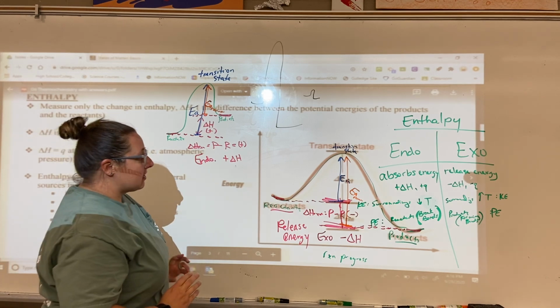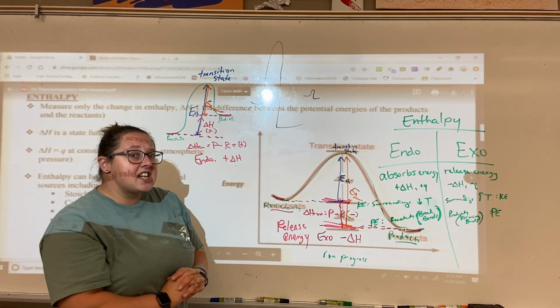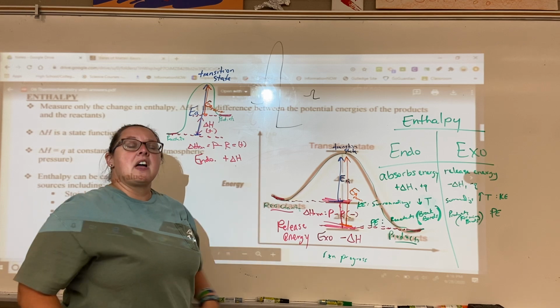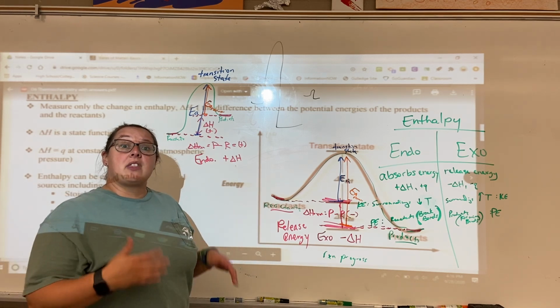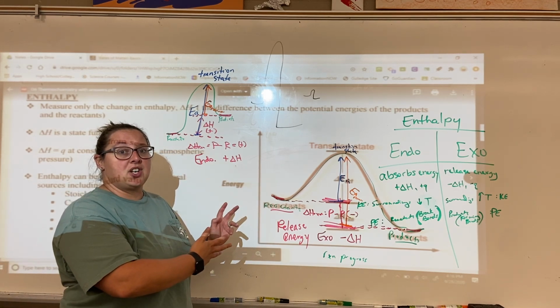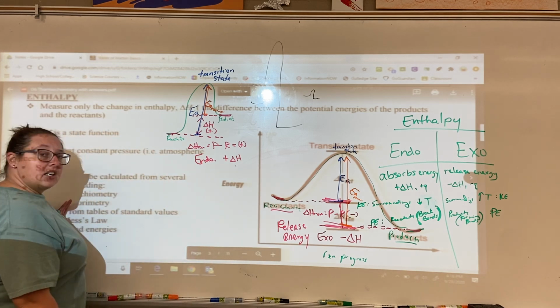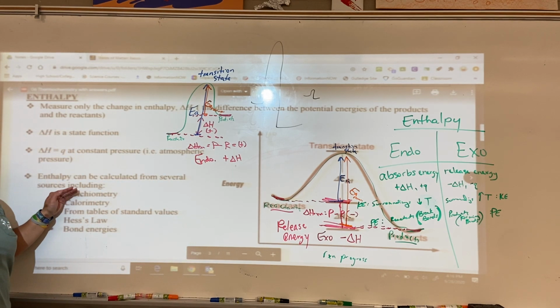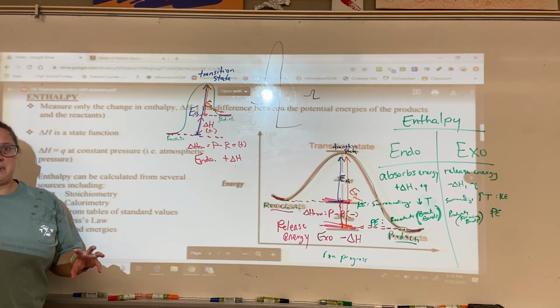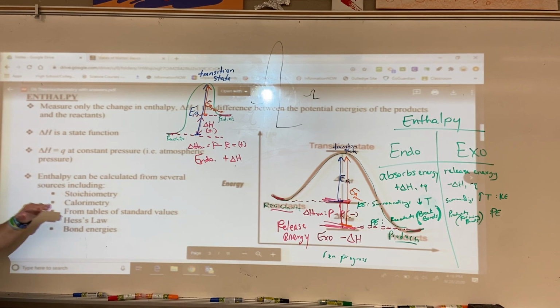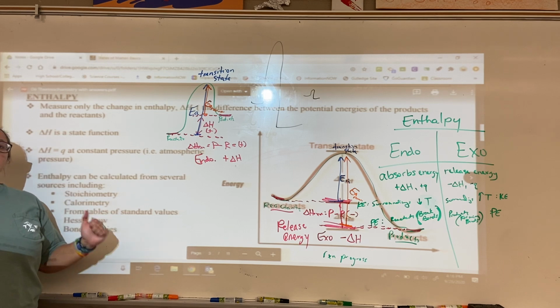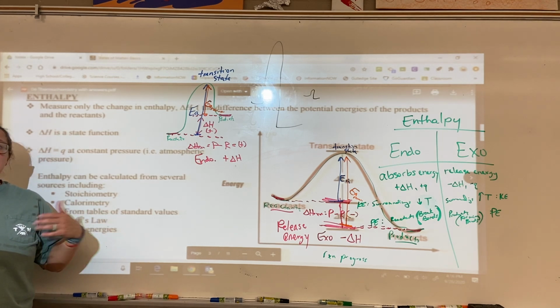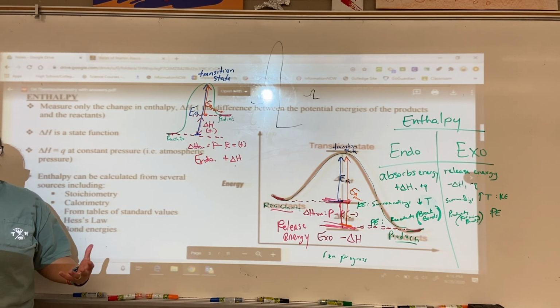This is all the good conceptual stuff that we have to know dealing with enthalpy and the terms to know. What we're going to be talking about in the next couple of videos is how we actually calculate enthalpy. There are all sorts of different ways, and which one you use depends upon what type of information you have.